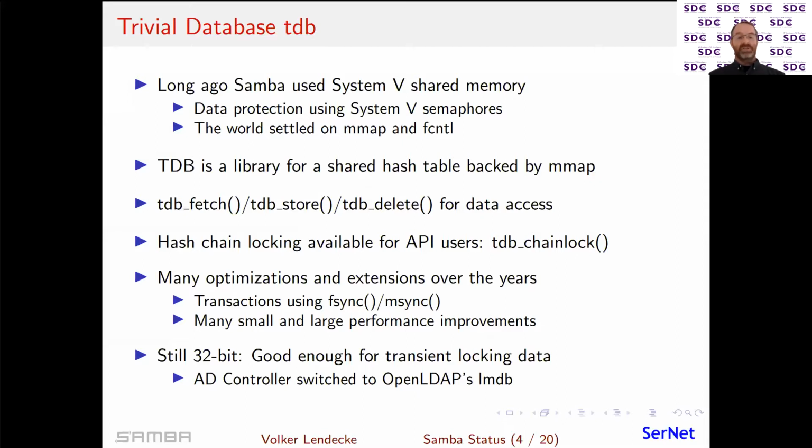The data structures in TDB are still 32-bit. Yes, for some use cases this is a problem, but for the transient locking data that we have, this is good enough. Mainly for the reason of 32-bit, the Active Directory domain controller that Samba implements switched to OpenLDAP's LMDB. That can do 64-bit, essentially arbitrarily large databases. And that's needed because Active Directory databases can become larger than 4 gigabytes.